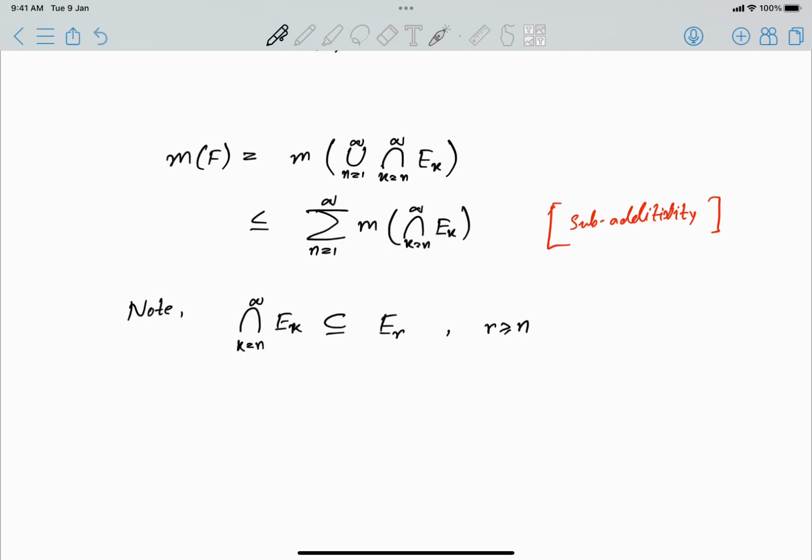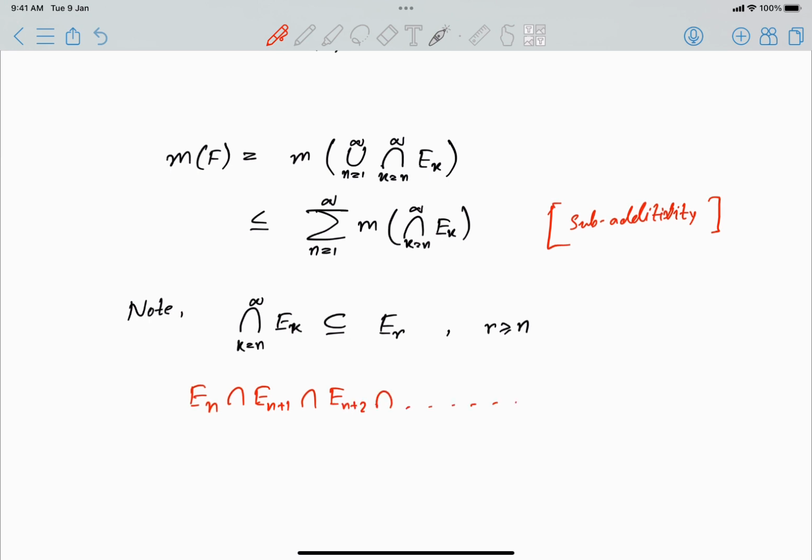This is En intersection En plus 1 intersection En plus 2 intersection dot dot dot.